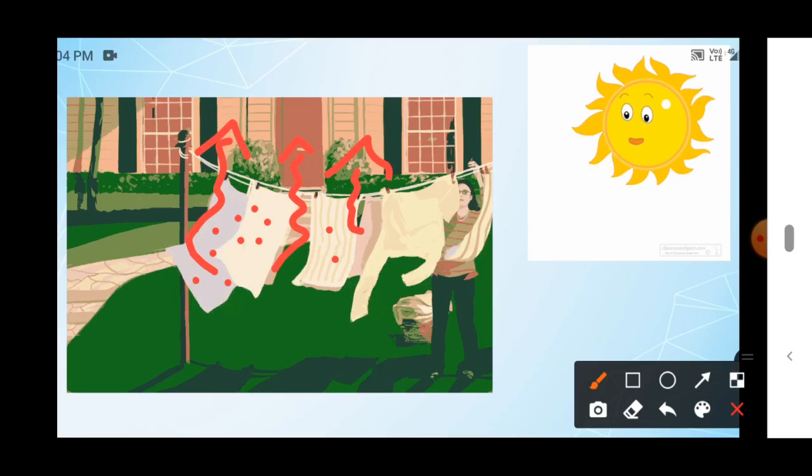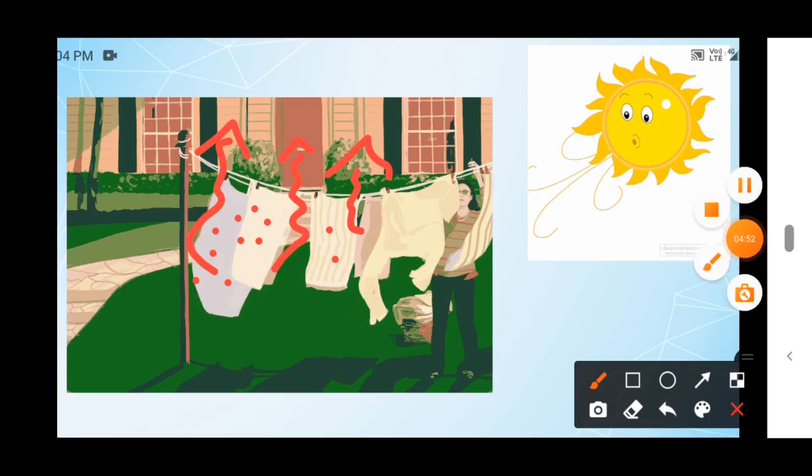So the wet clothes dry. Have you understood this, children? The water present in the wet clothes is converted into gaseous form. This gaseous form easily moves away from the clothes.